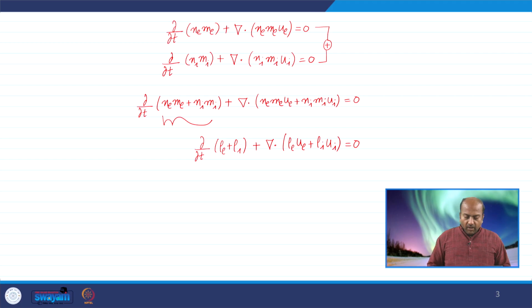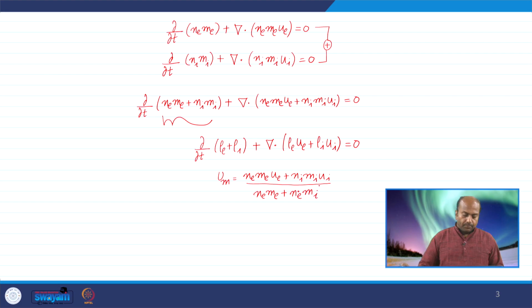So we can define the fluid mass velocity as NeMe ue plus Ni Mi ui divided by, kind of like normalizing with respect to, the total density.